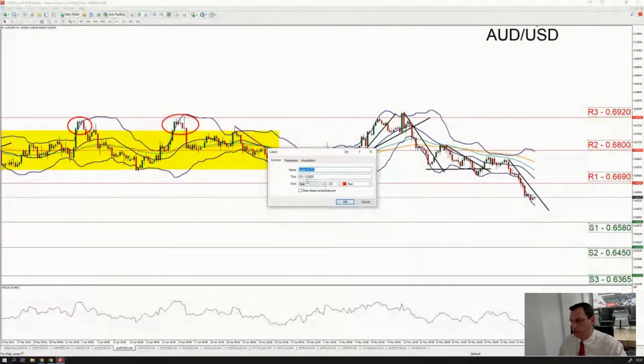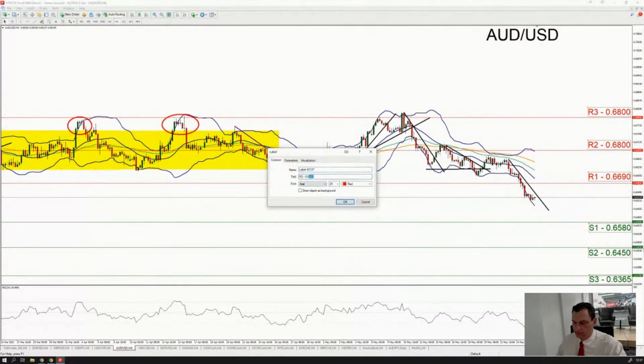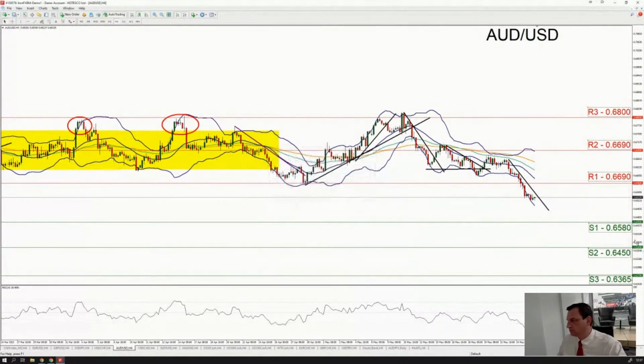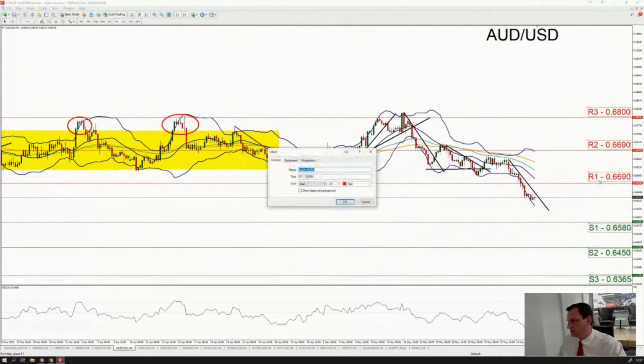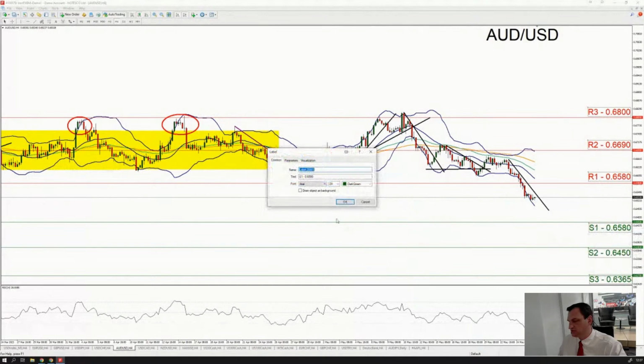Starting with the R3, which is now being placed at 0.68. The R2, which is being placed at 0.6690. The R1 at 0.6580. The S1 at 0.6450.